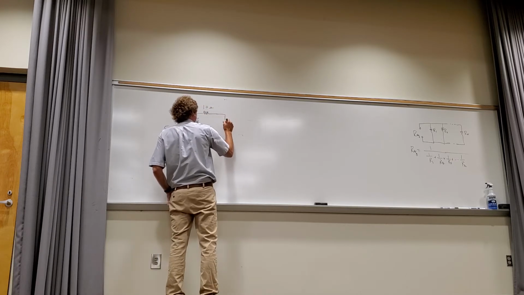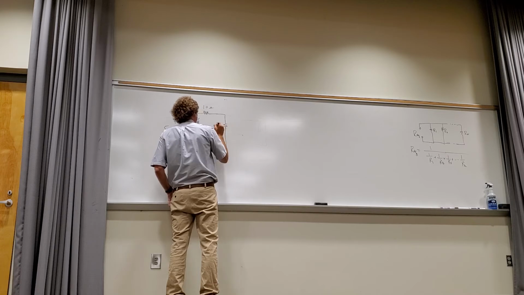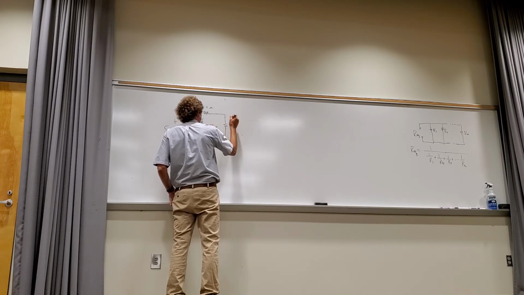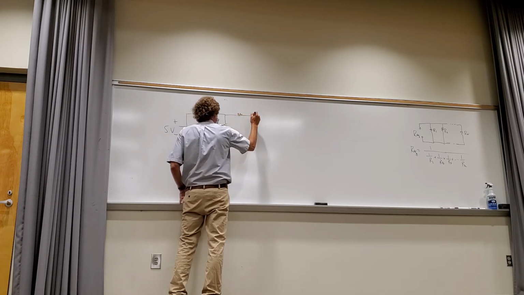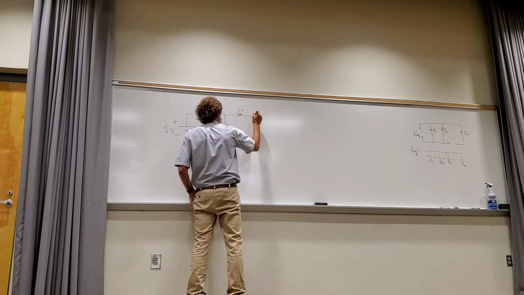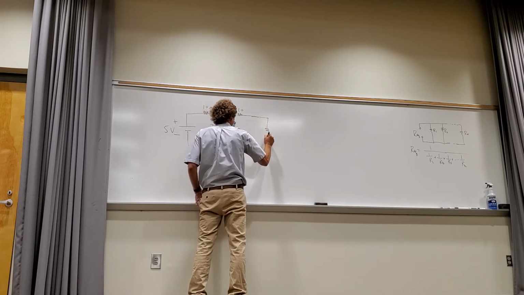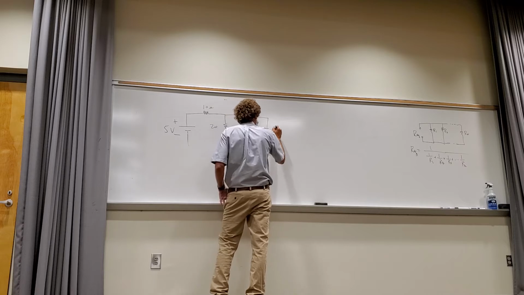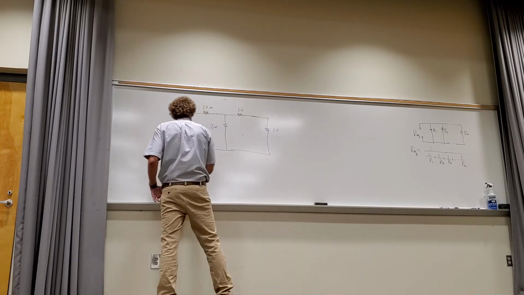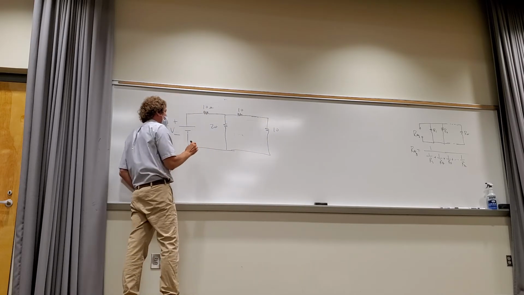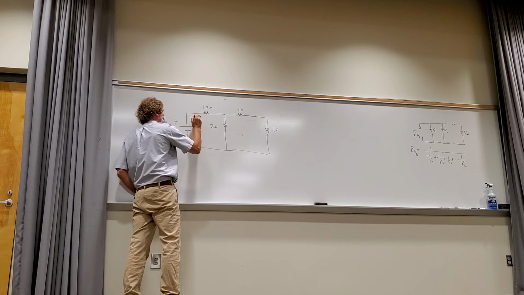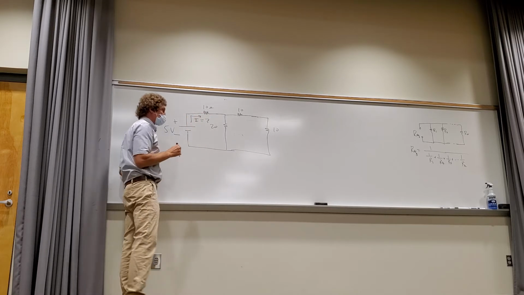Then a resistor of 20 ohms here. Then a resistor of 10 ohms here. And a resistor here of 10 ohms. And the question is, what is the current I flowing there?